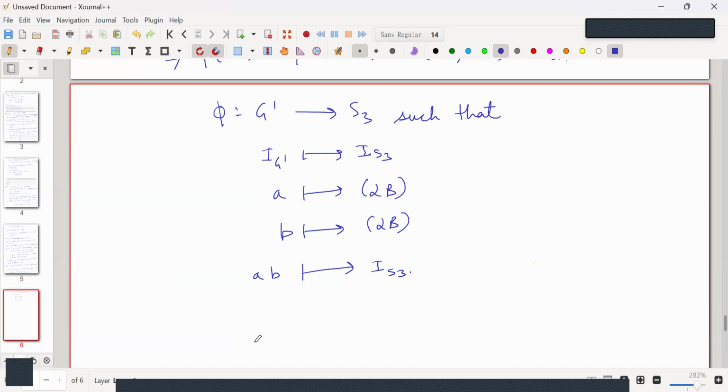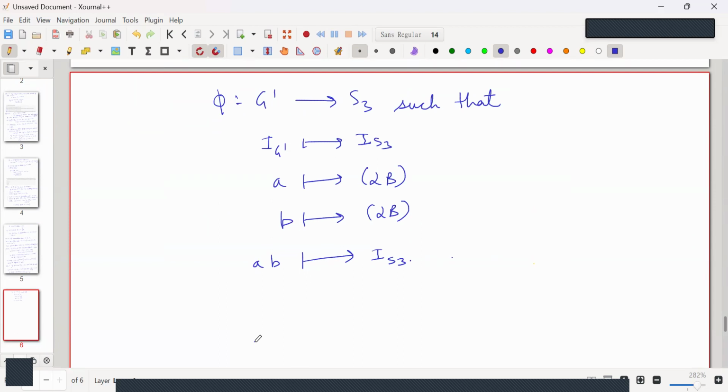You see any problem in that? So check that phi is a homomorphism.